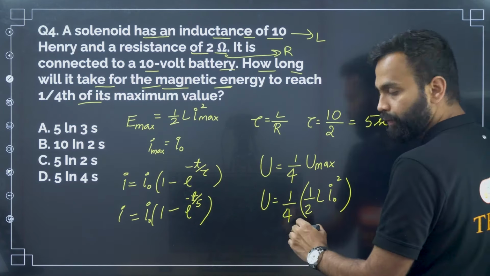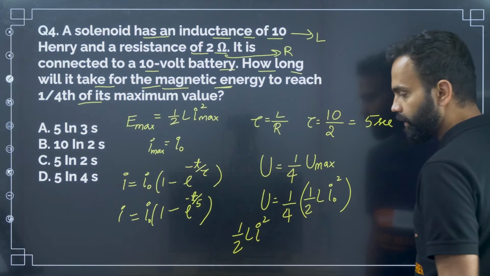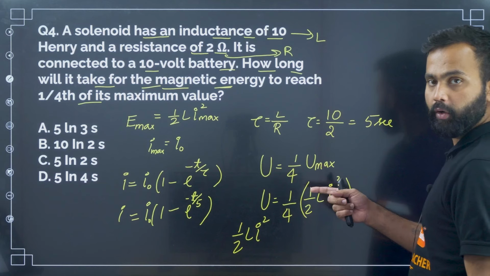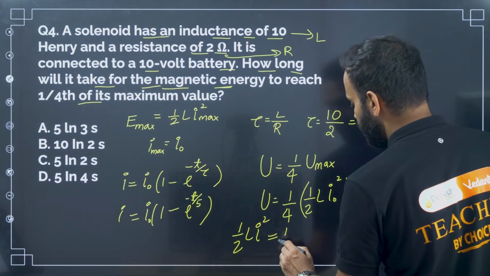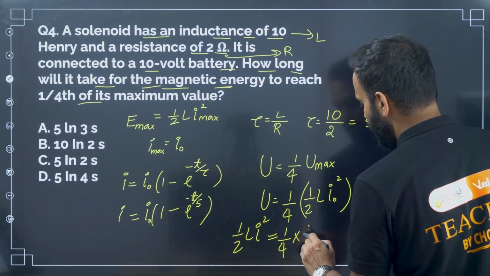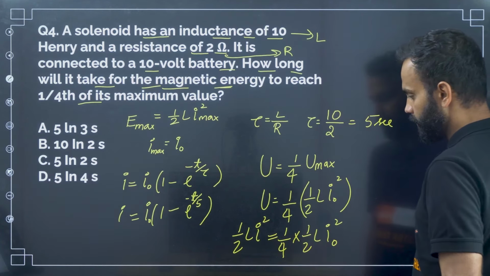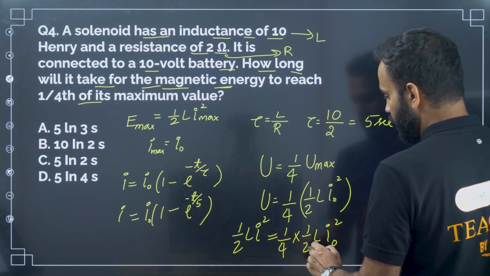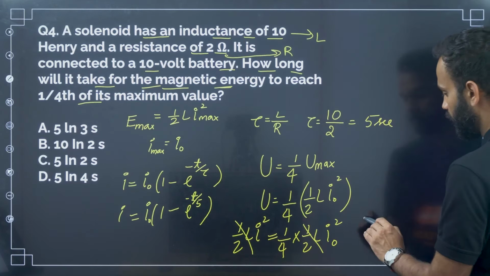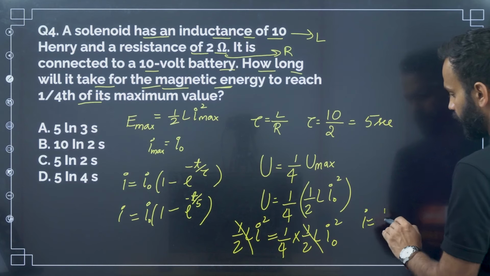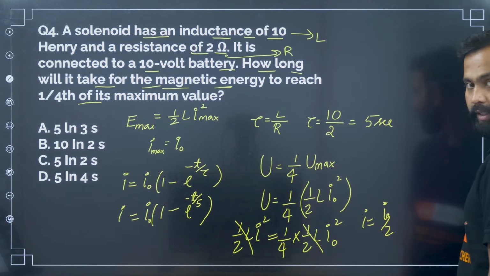U is equal to half into L into I squared, where I is the current in the coil at time t, which is equal to 1 by 4 times half into L into I naught squared. So half into L will get cancelled, and now I equal to I naught by 2.